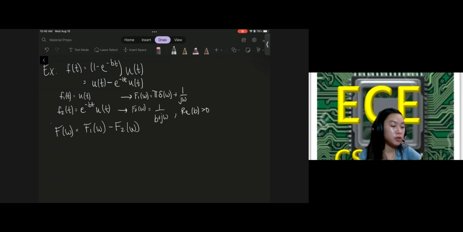We have the negative because it was originally negative. So that becomes pi delta omega plus 1 over j omega minus 1 over b plus j omega.